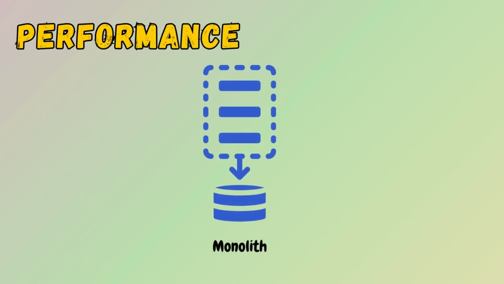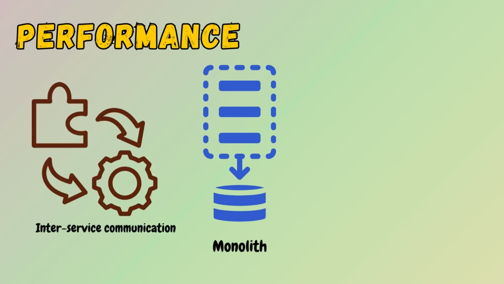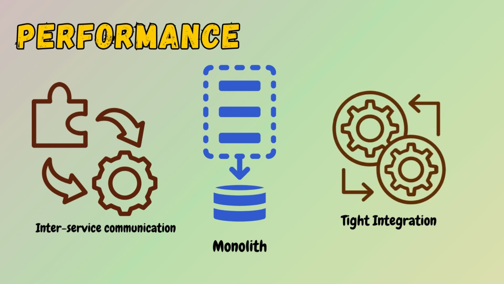Monolithic applications can achieve high throughput and low latency as there is no inter-service communication overhead. With all components tightly integrated, monolithic applications perform well, especially for predictable workloads. For instance, content management systems like Drupal initially adopted monolithic architecture for its simplicity and performance benefits.